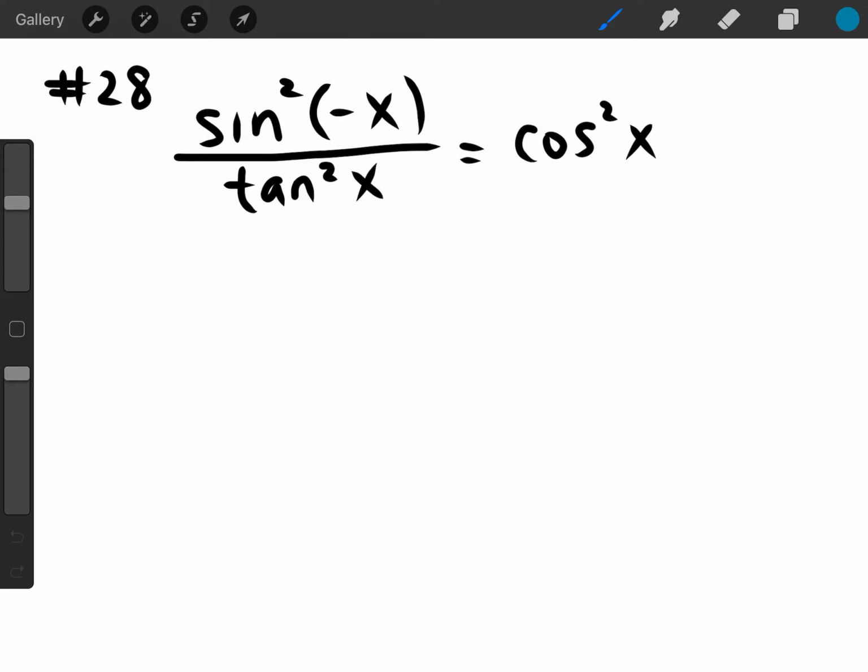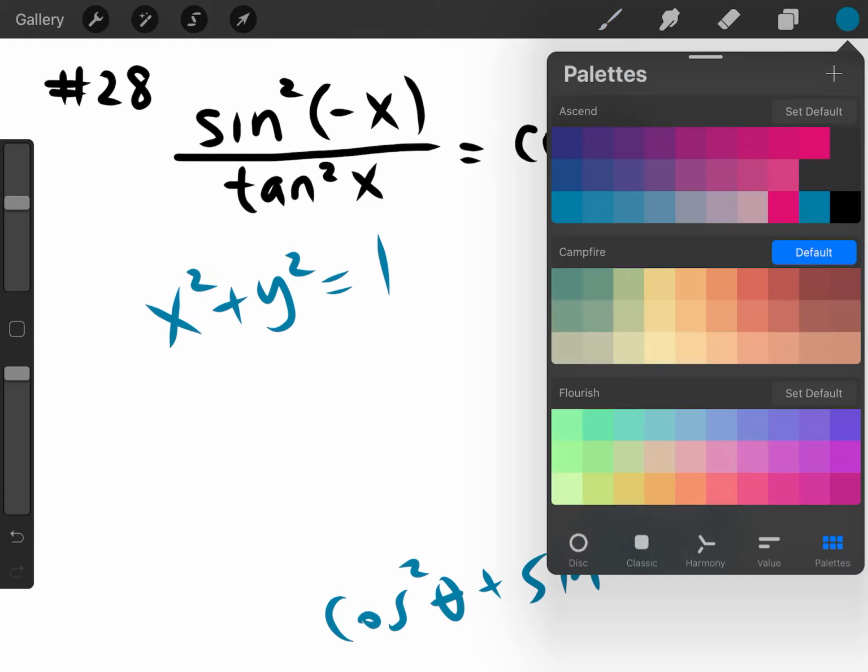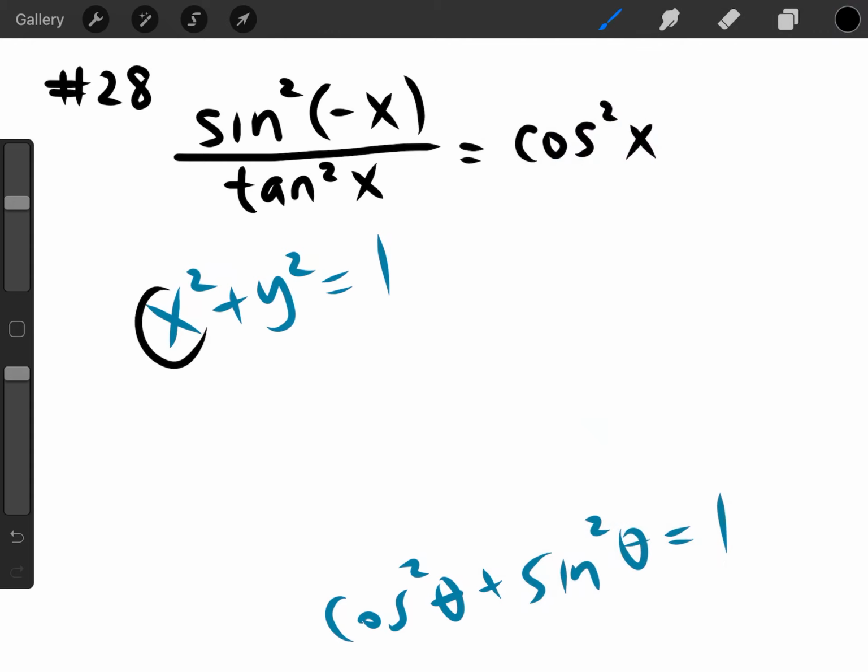Look at number 28. Before I talk about number 28, I do want to talk about how I got from x squared plus y squared equals 1 to cosine squared theta plus sine squared theta equals 1.